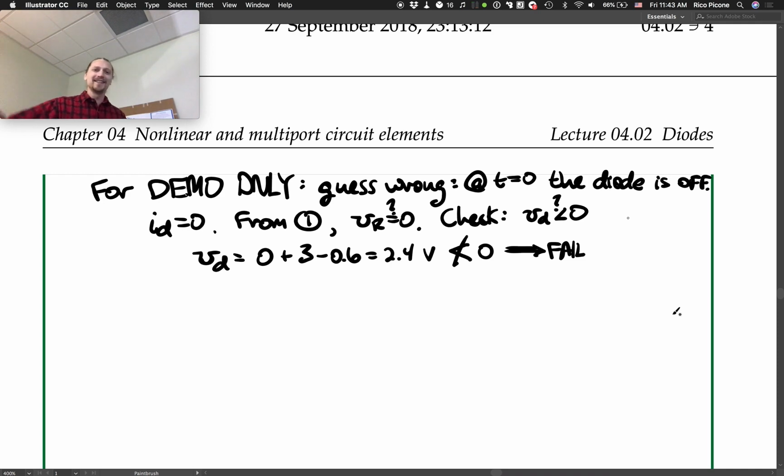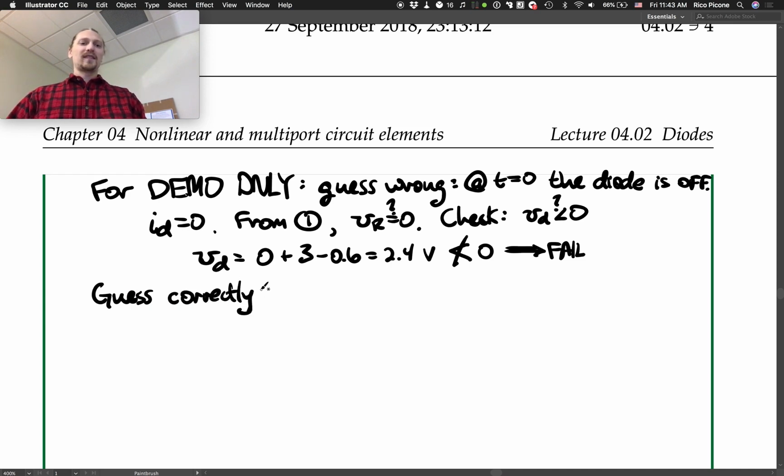So now, guess correctly. At time equals 0, the diode is on.